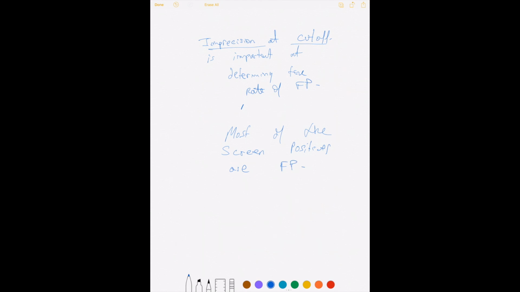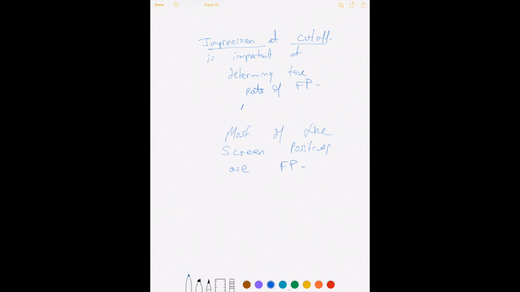Maybe mass spec gives 20 screen positives out of 100,000, and 19 of them are false positives.